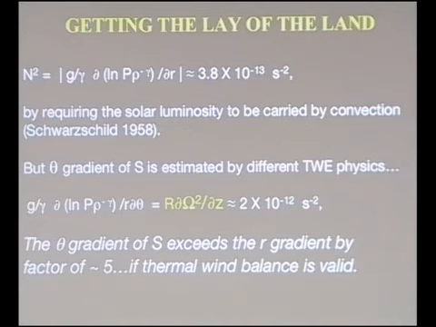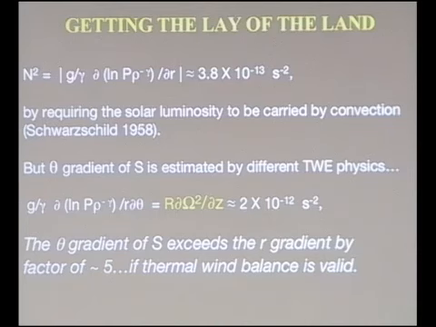And this is done, I guess, never more clearly than in Schwarzschild's book from 50 years ago. One can estimate fairly straightforwardly, using this prescription, a value of N squared, the Brunt-Väisälä frequency.